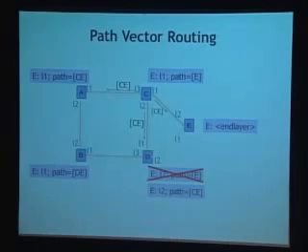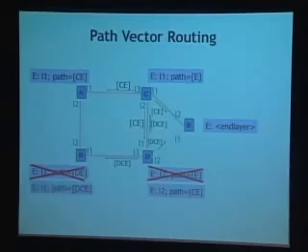And similarly, because B had previously been routing its packets to reach node E by way of D, it's going to say, oh well, I stopped hearing about this route DE from node D, so I'm going to stop using this. And then sometime later, it's going to hear about this new route, DCE, and it's going to integrate that into its table.